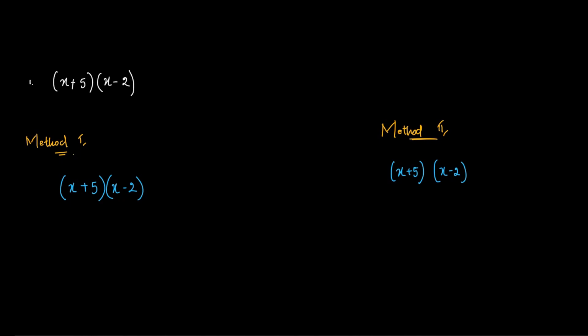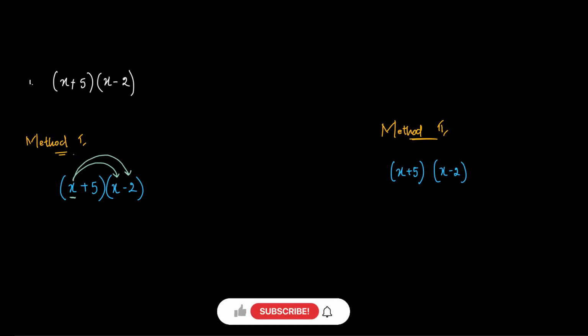The first method is all about multiplying each term by the other term. The way I'm going to start this is I'm going to take the first term of the first bracket and I'm going to multiply both the terms from the second bracket. So x times x, x times minus 2. Let's write that down first. x times x is x squared, x times minus 2 is minus 2x.